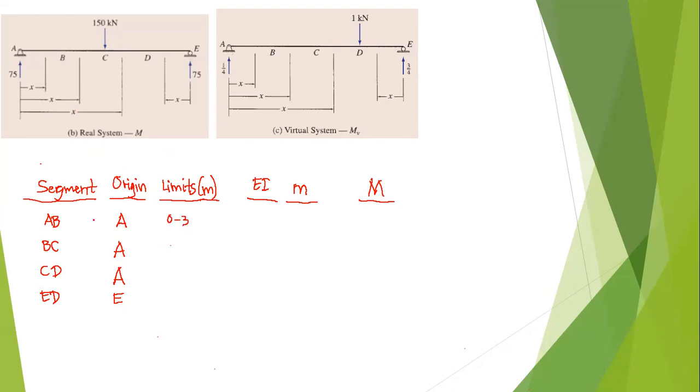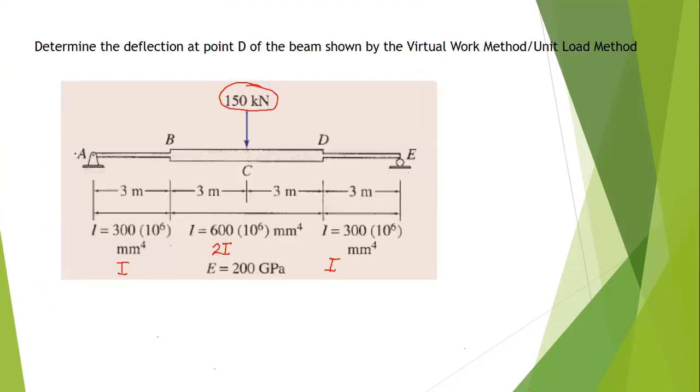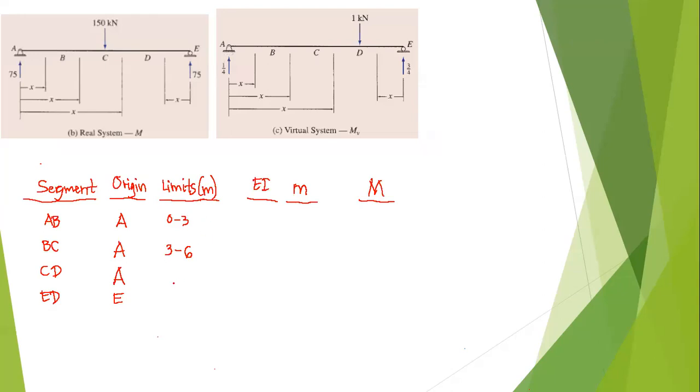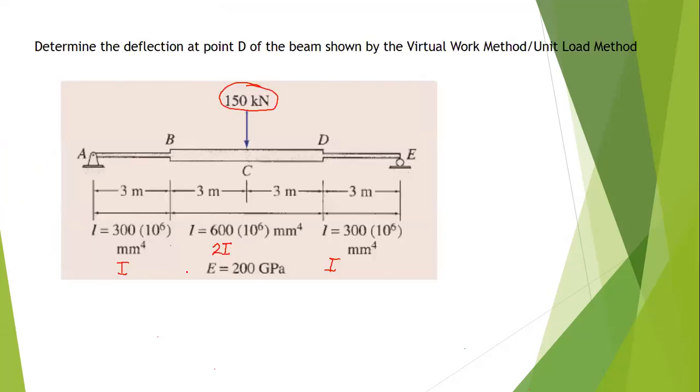For segment BC, since our origin is from A, our limits would be from 3 to 6. And from C to D, our limits would be from 6 to 9.